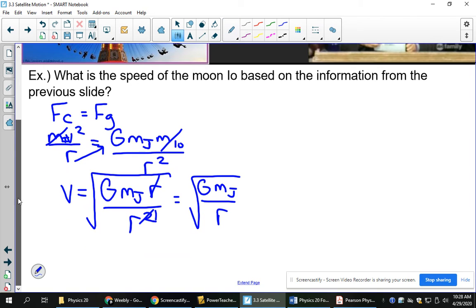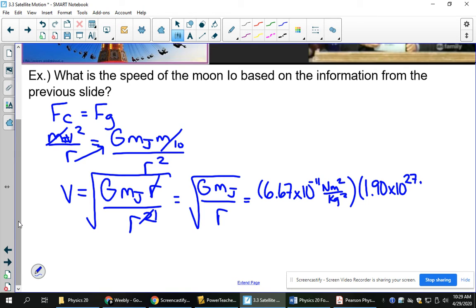Let's go ahead and sub in what we know. We know the G. Okay. We know the mass of Jupiter, either from the question that we just did or from page 218 in the textbook.